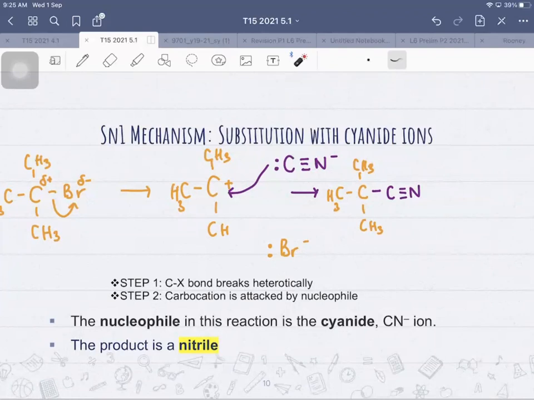We're just going to be looking at it as a product like that. Okay, right. So by now you don't need the explanation of the mechanism because it follows the standard steps for SN1 mechanism. Okay, your other product will be the halide ions. In this case, it's the bromide ions.